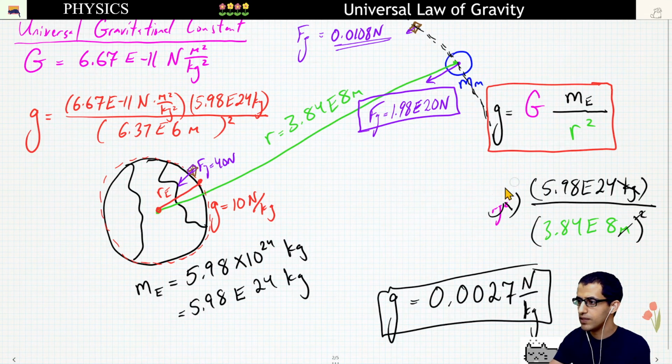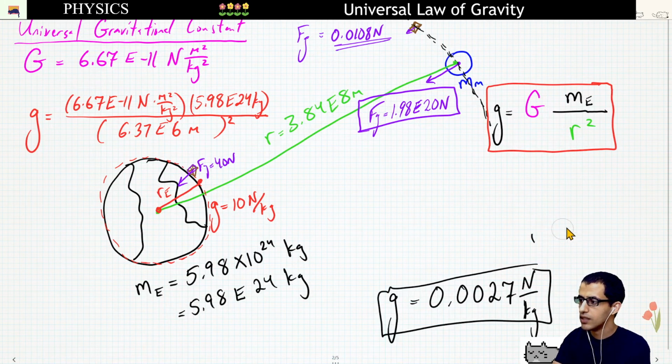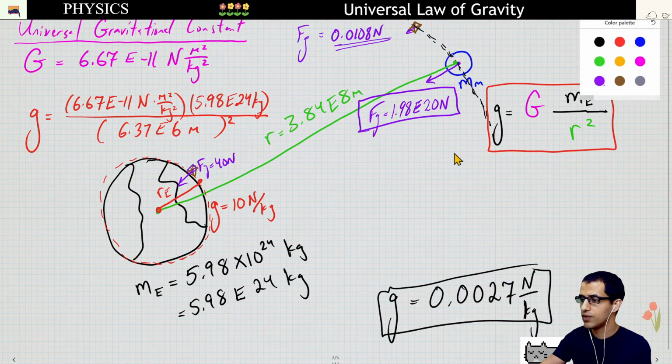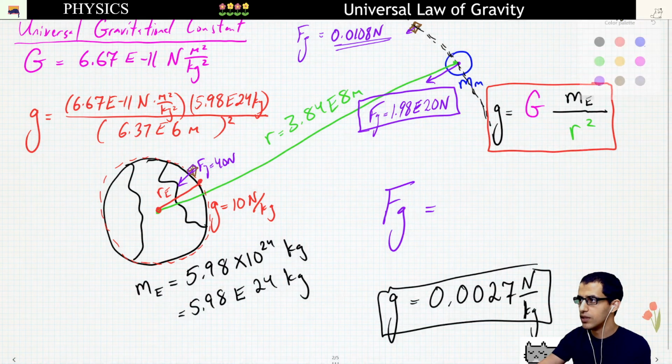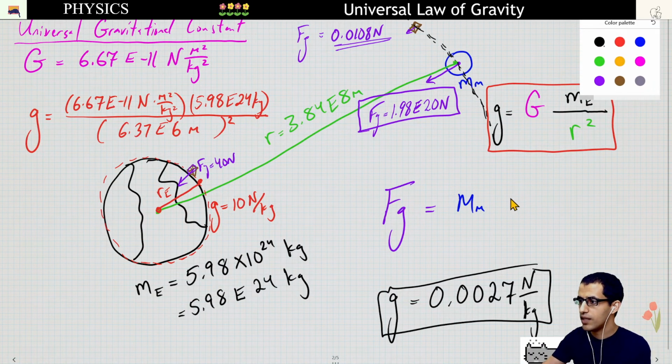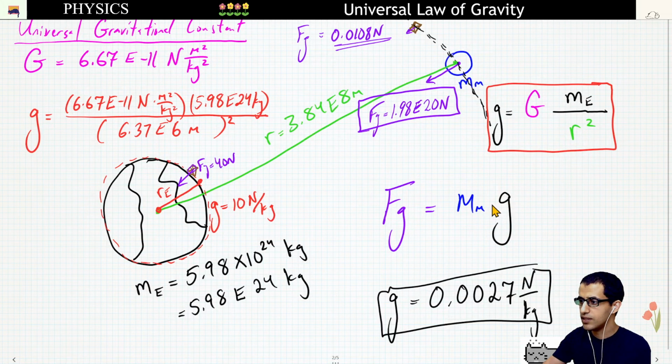We found that this G value here, G times the mass of the Earth over the distance to the moon squared, is 0.0027. And then to solve for the force of gravity, what we did is this. The force of gravity on the moon is equal to the mass of the moon, m sub m, multiplied by the gravitational field intensity. And that's how we got this number, right?